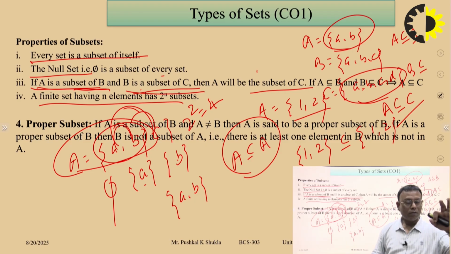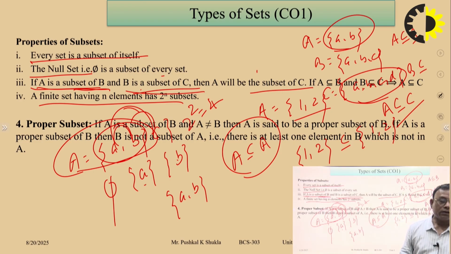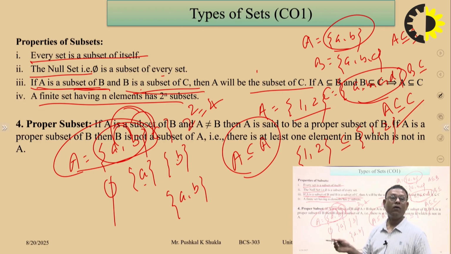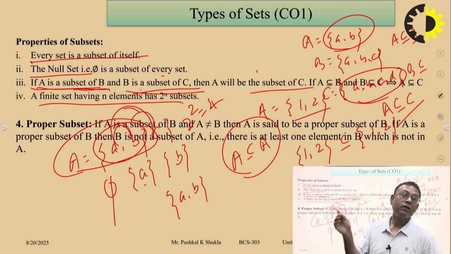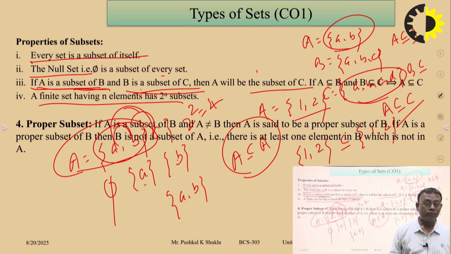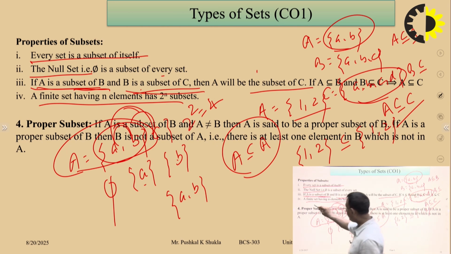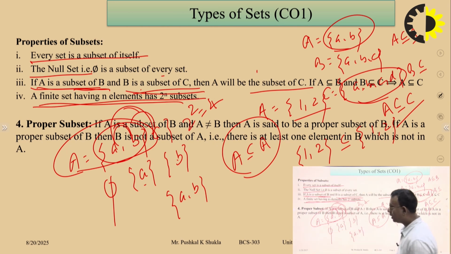So all 8 subsets are there in this. All of these are subsets of this set. So 2 to the power 3. In the same manner, if n elements are there in a set A, the total number of subsets is 2 to the power n. So a finite set having n elements has 2 to the power n subsets.